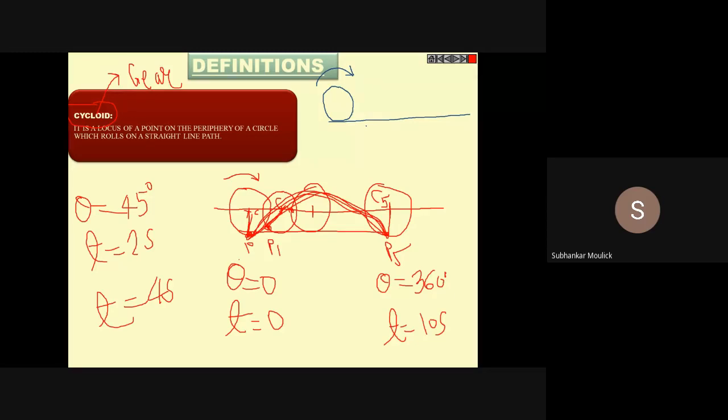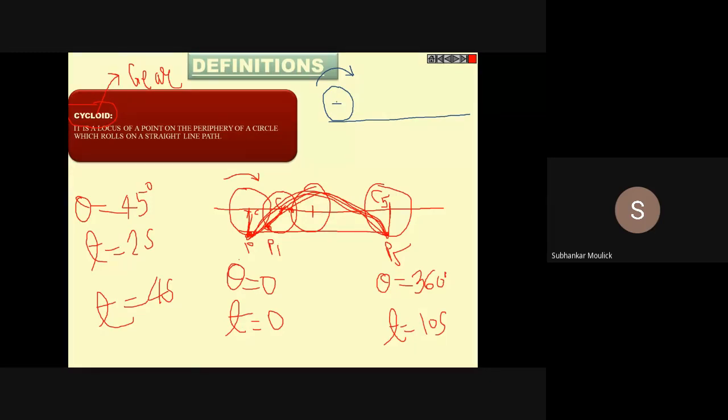If a circle rolls for one complete revolution on this horizontal straight line, again, this line can be inclined or vertical, but in this case the line is exactly horizontal. So if this circle rolls in the clockwise direction for one complete revolution, that is 360 degrees.